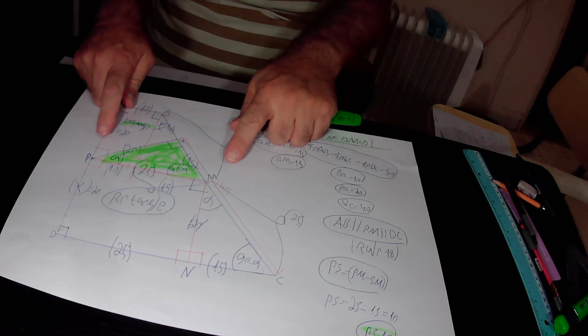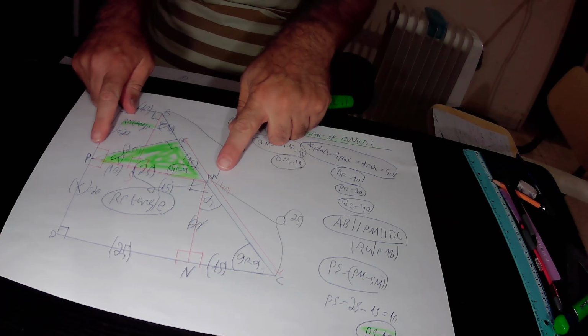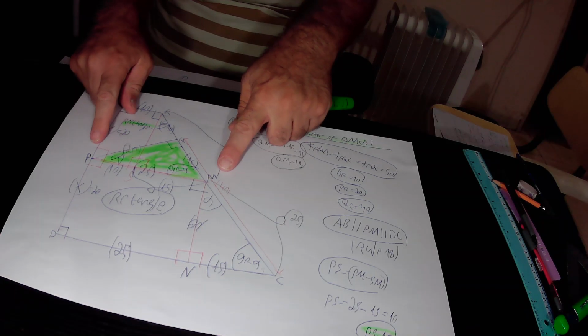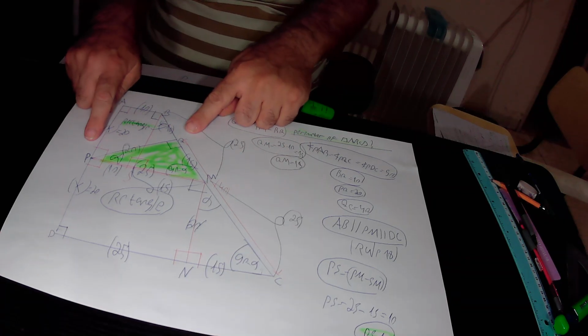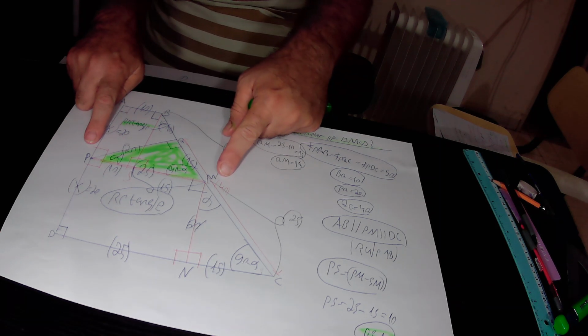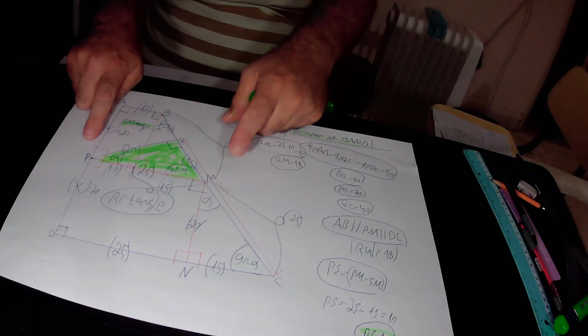PM is the missing hypotenuse, so we leave it as it is. So PM squared equals QM squared. QM is 15, therefore QM squared is 15 squared, that is 225, plus QP squared. QP is 20, therefore QP squared is 20 squared, that is 400. So in total, PM squared equals 225 plus 400.